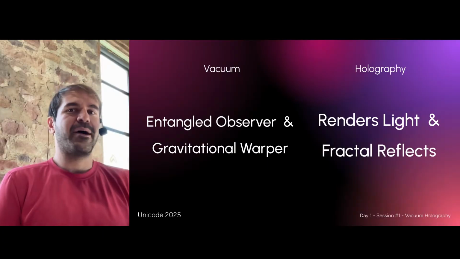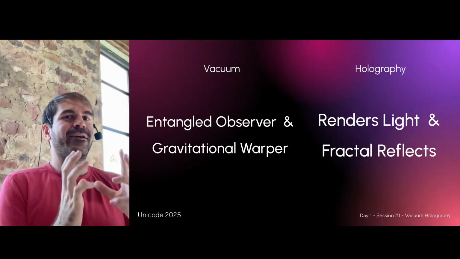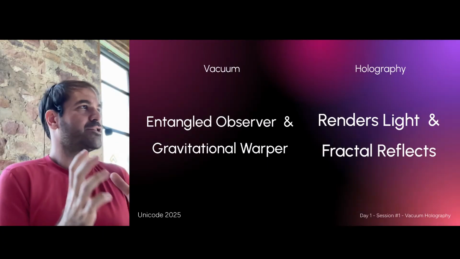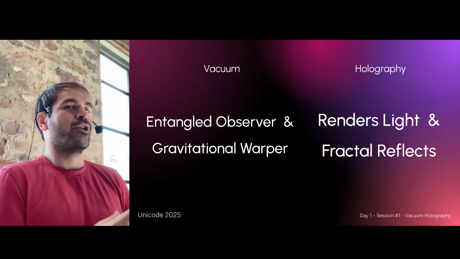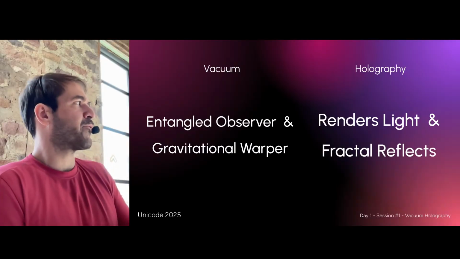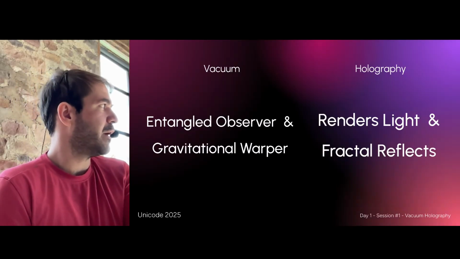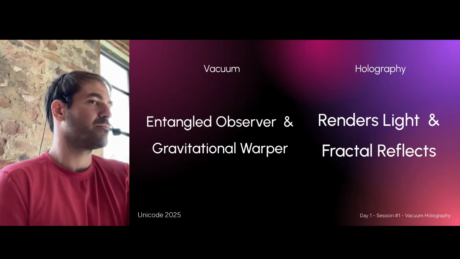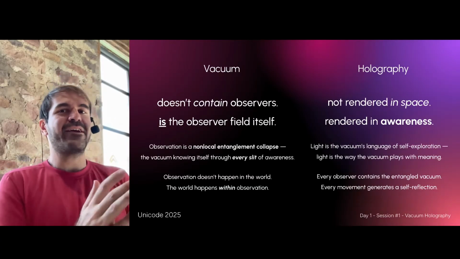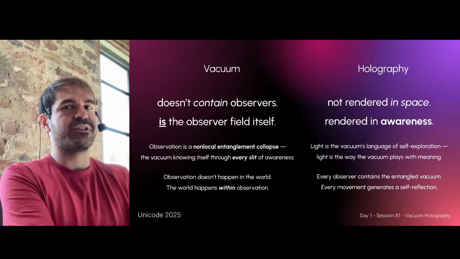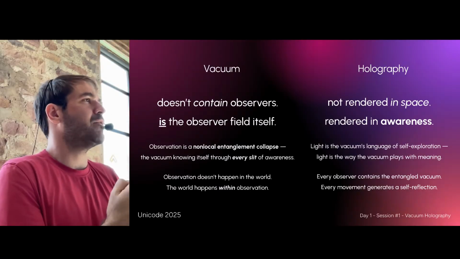So we're talking about the vacuum as the entangled observer and the gravitational warper, and we're talking about holography as the rendering of light and the fractal reflection of that. So the vacuum doesn't contain observers. It is the observer field itself.